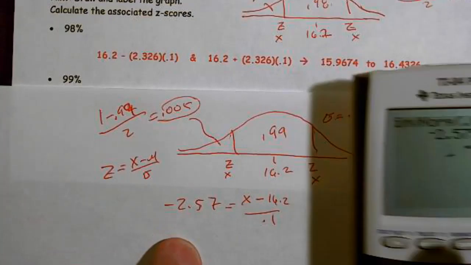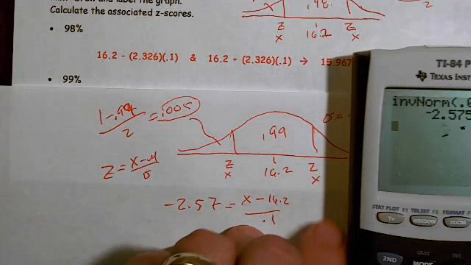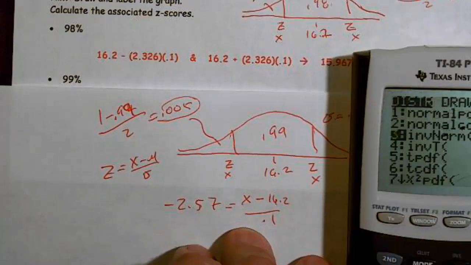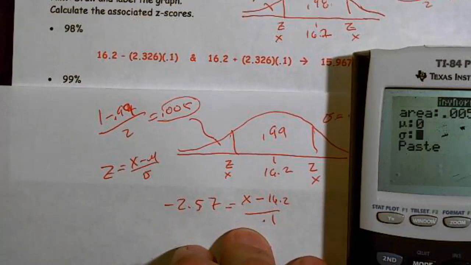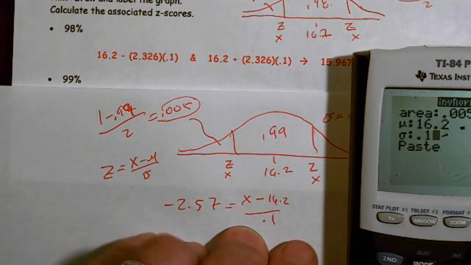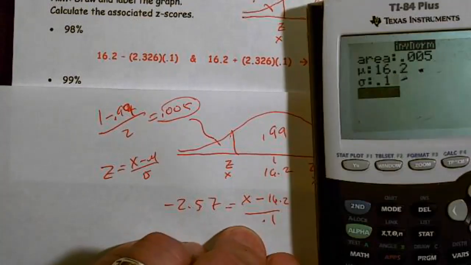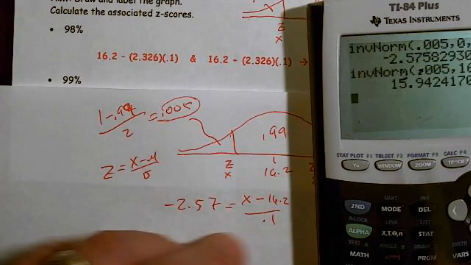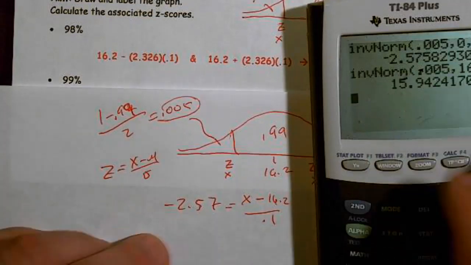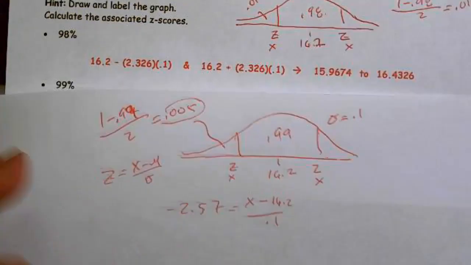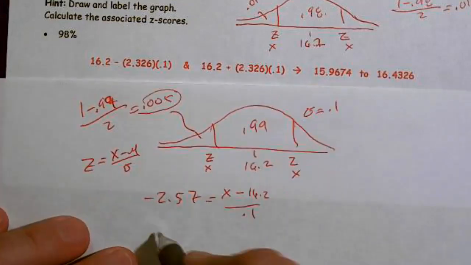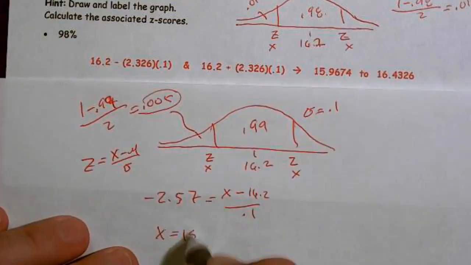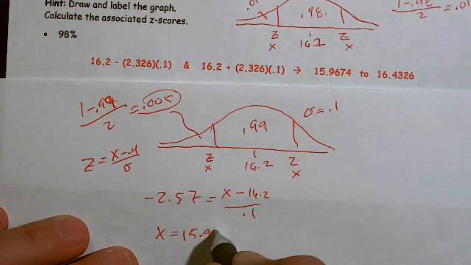At that point, I can come back and do the actual values. Second vars, inverse norm, 16.2, standard deviation, 0.1. And I end up getting an actual value of 15.9424. So x equals 15.9424. So that's my lower bound.